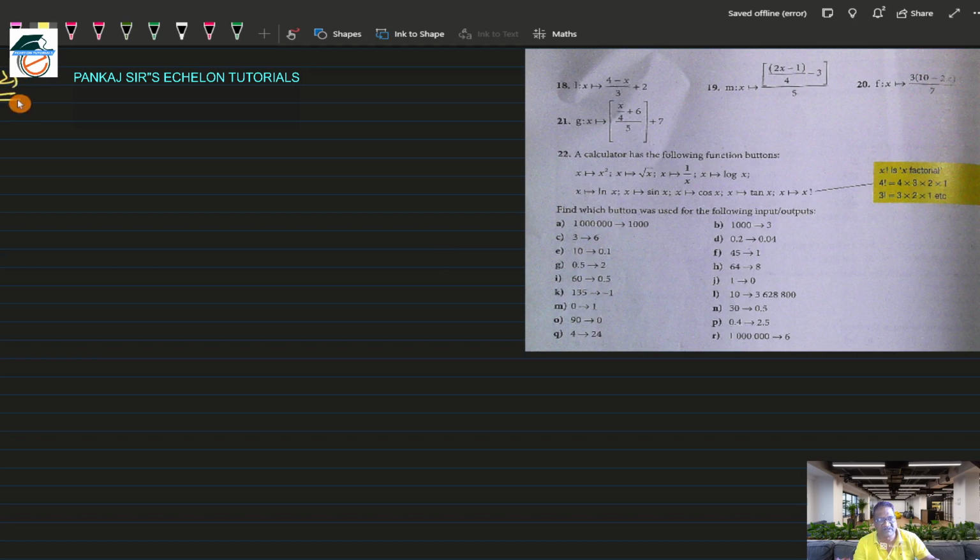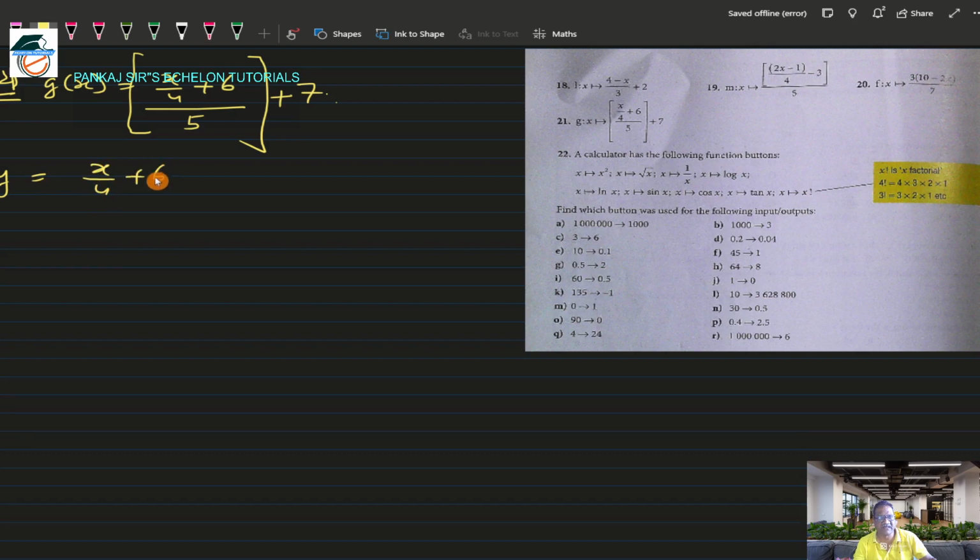Question number 21: g of x is given to you as x upon 4 plus 6 divided by 5, whole thing in a bracket, and plus 7. That's the question. As usual, take this g of x as y. So y will be equal to x upon 4 plus 6 upon 5 and then plus 7.